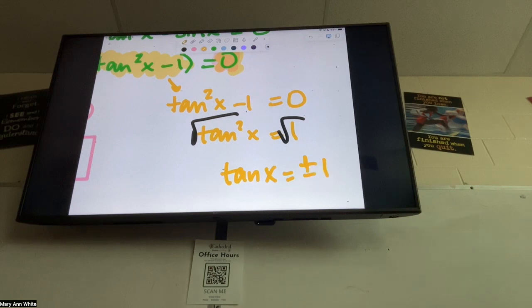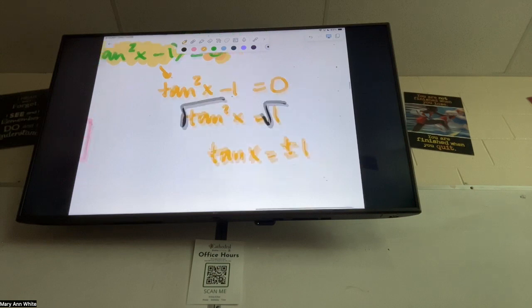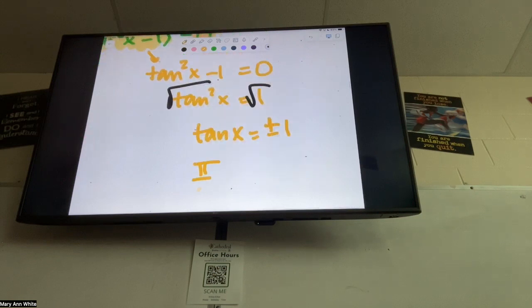What angle gives me a tan of plus or minus 1? 45. And so that's pi over 4, and we want all of our 45-degree angles. So pi over 4, what would it be in quadrant 2? 3 pi over 4. What would it be in quadrant 3? That's gonna be fourth quadrant. 5, good.